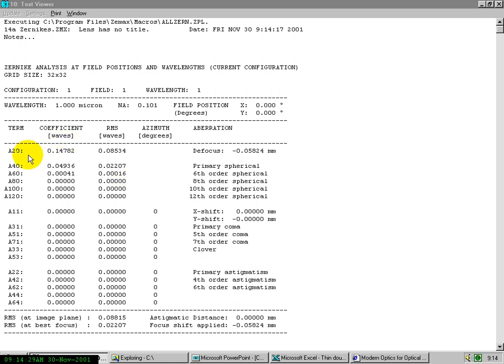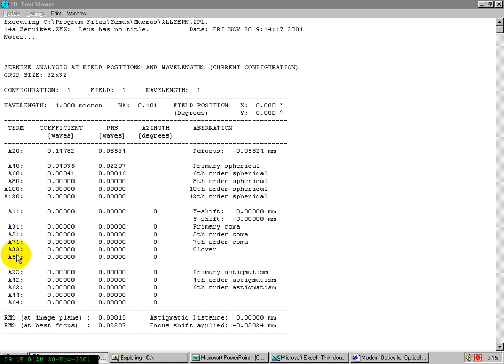This is a whole list of Zernike terms. Maybe some of the people here are familiar with that. For the others, I can explain that the first terms with the 0, these are the symmetrical terms, and they are the lowest order, the defocus term, then the fourth order primary spherical term, the sixth order spherical, and so on.